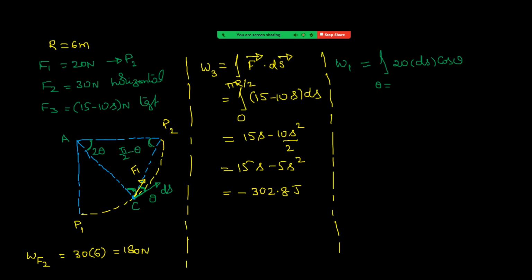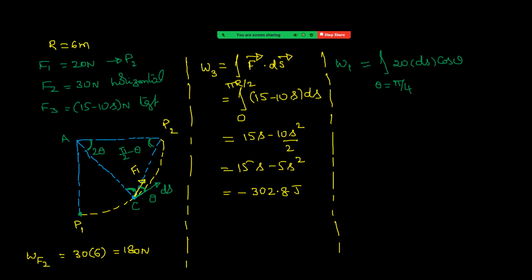At P1, the force is towards P2 and the displacement is along the tangent, and the line joining P1 and P2 makes an angle of 45 with the horizontal. That means the initial angle is 45.